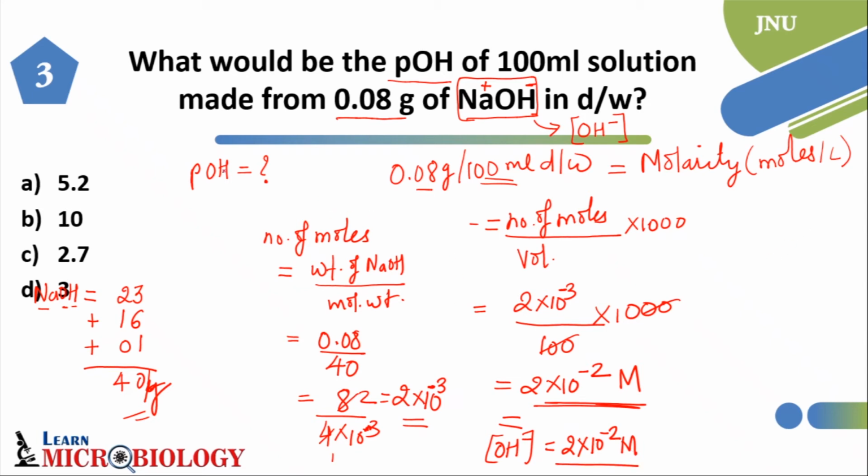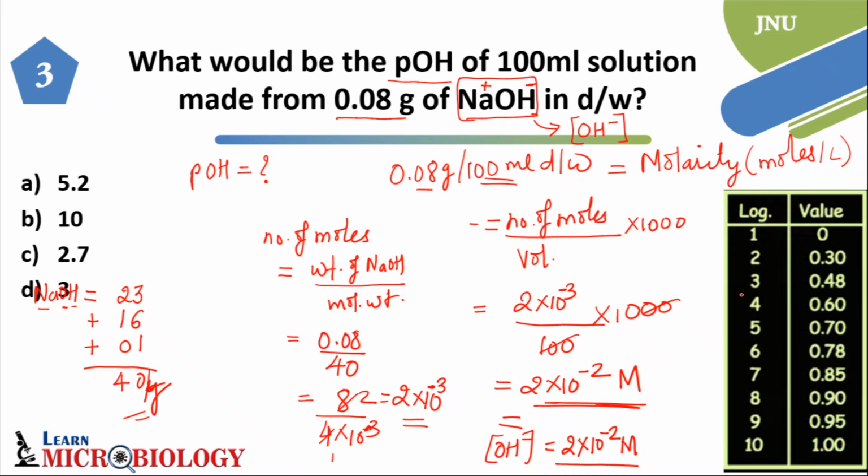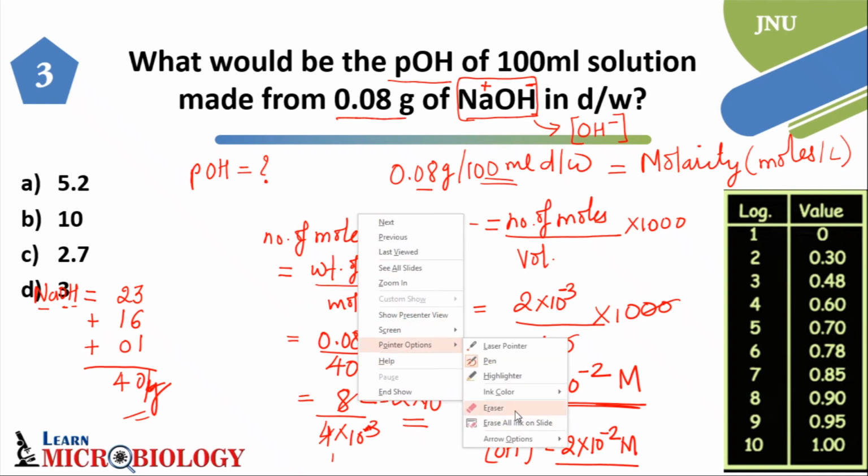So then what you have to do is substitute the OH minus value in the formula and we can find the pOH. So we need to do some log calculation. I have a table of logs here. This particular table can help you to solve certain log calculations. These are approximate values. So let us put the values in the formula and calculate the pOH.